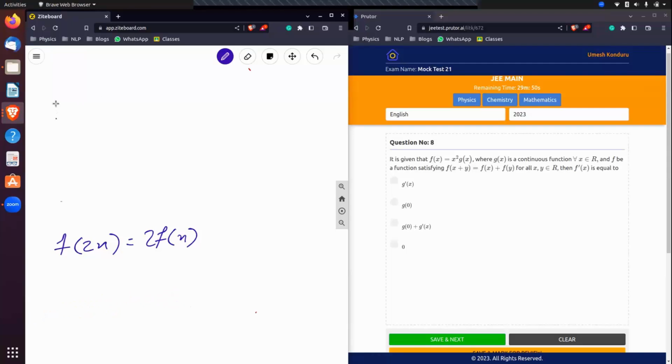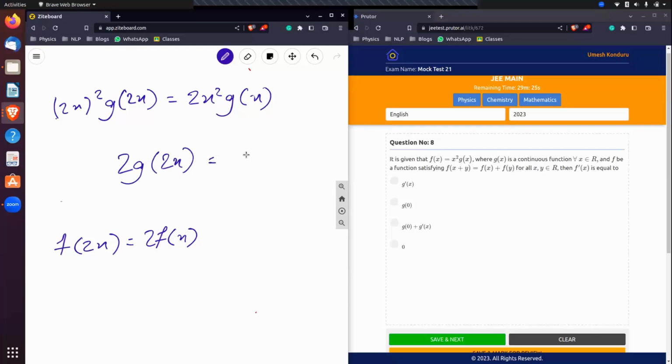So that means x whole square g of x equals 2 times g of 2x. So we are actually able to get rid of the x. That's a good thing. We get 2 times g of 2x equal to g of x.